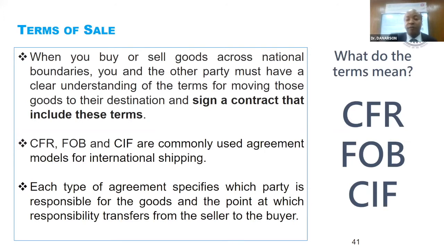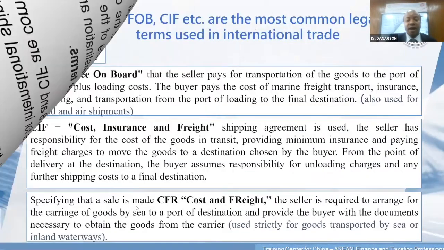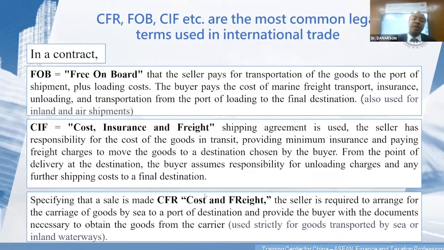So those are included in the contract, and the contract is what we need for settlement. We even, in the settlement application, have to fill in the Incoterms that we need for sending goods. So I have picked up those three that are important to be explained. We start with FOB, which stands for free on board.